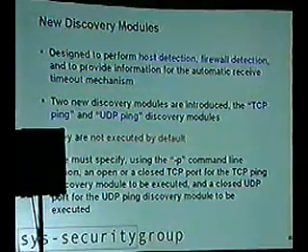We have added 2 new discovery models, things that you are already familiar with, basically TCP ping and UDP ping. What we do here is send a SYN packet to the target host. We expect to receive a SYN-ACK or a reset, or no answer at all. And when you send the UDP packet, you either get no answer or get the ICMP port unreachable back.